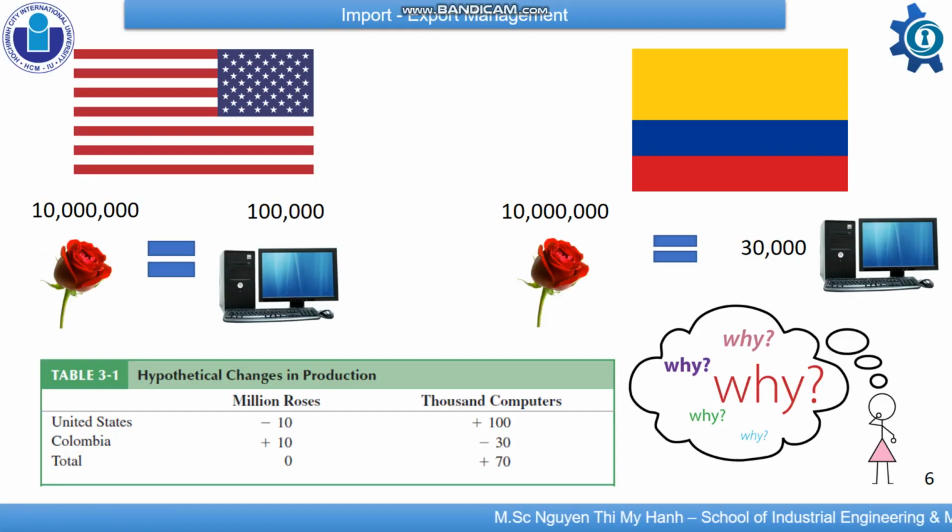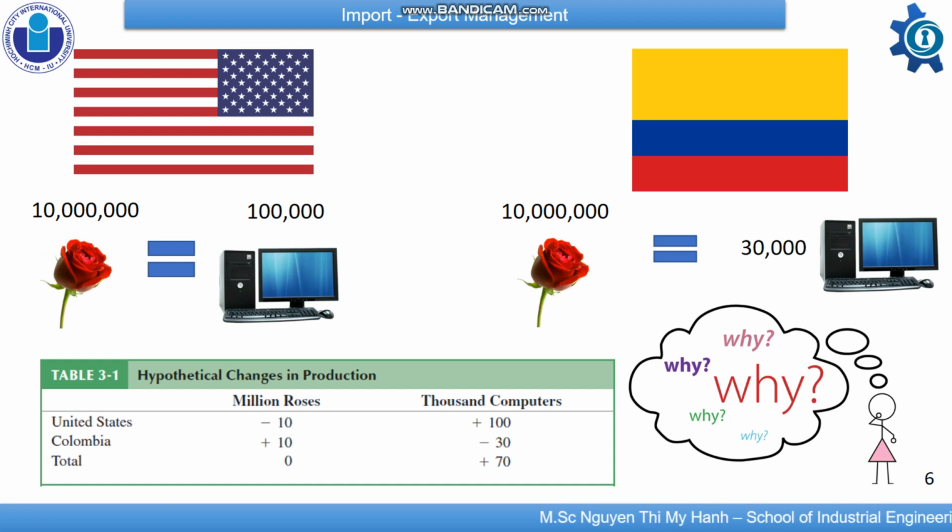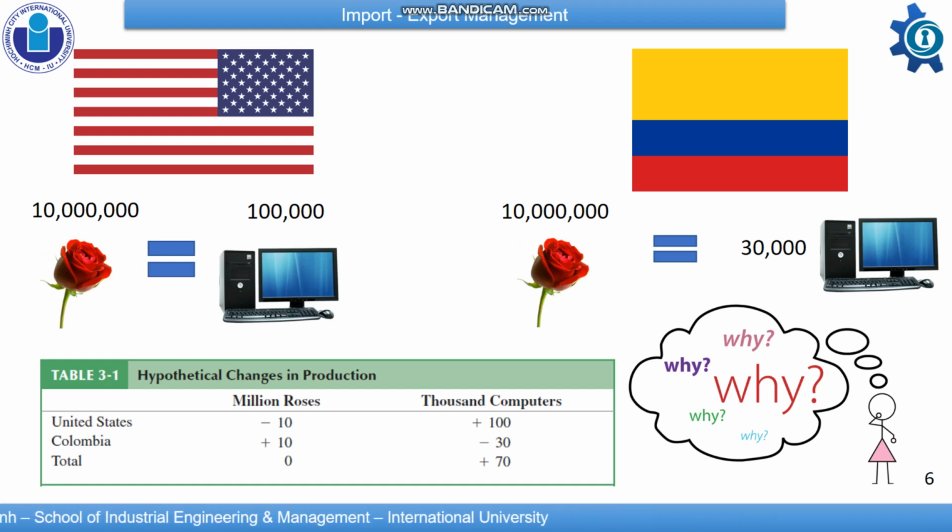So let's look at the table. We can see how beneficial it is. If the US just focuses on producing computers and lets Colombia take care of growing the roses, the total quantity of roses the world produces is the same. However, the number of computers the world produces increases.